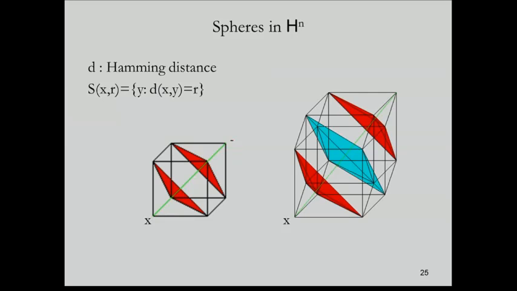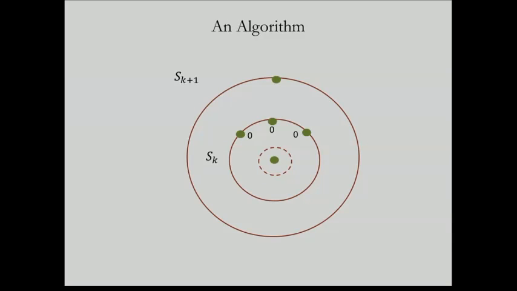And a sphere, I'm going to use spheres a lot, so let me define it. In the hypercube, the sphere around the point x of radius r is all the points that differ from x on r bits. So these are spheres according to this Hamming distance on the hypercube. Let me now ask what we asked at the time: how about this silly propagation algorithm? Show me that it works or it doesn't work.